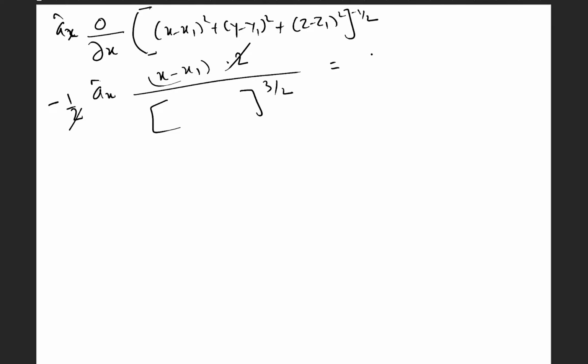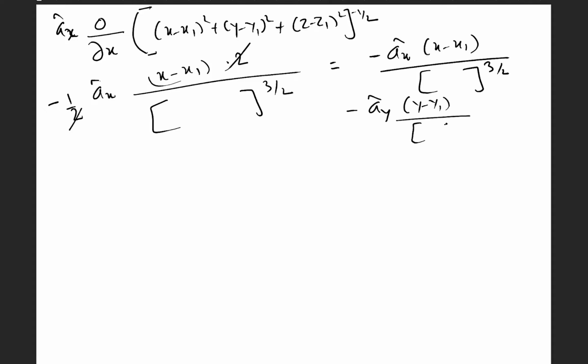So it is minus ax (x minus x1), everything raised to power 3 by 2. Similarly for y we will have minus ay (y minus y1) over the whole thing raised to power 3 by 2, minus az (z minus z1) over the whole thing raised to power 3 by 2.